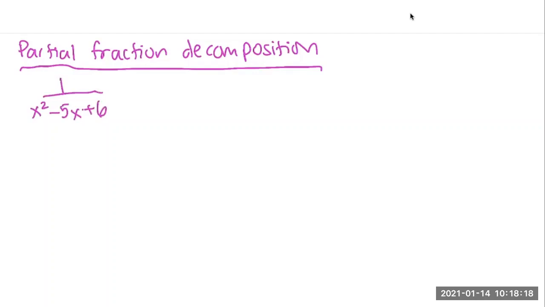Okay, so just walking you guys through, if I saw this inside an integral, I would recognize that I can't undo this simply by doing u substitution or integration by parts. Sometimes what people try to do is say that this is just ln of x squared minus 5x plus 6.